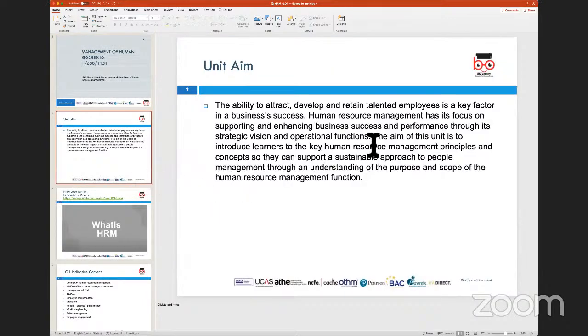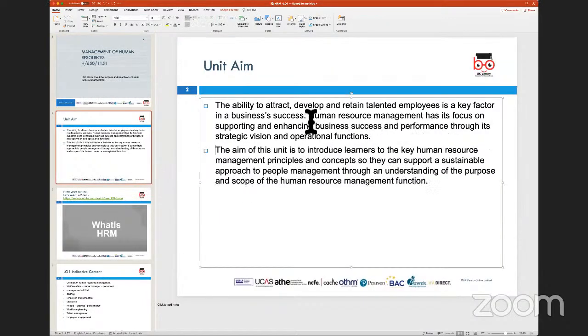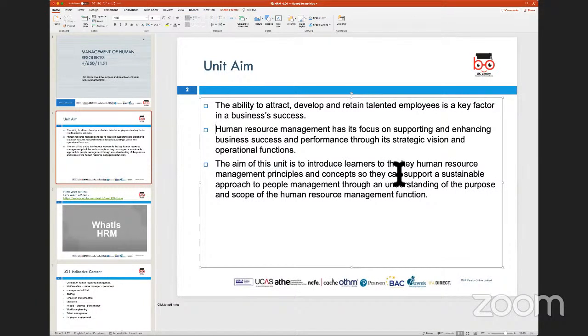Now, very briefly, although we understand why we are looking at studying this unit, as you're studying level 5 within tourism and hospitality management, one of the key units that you have is human resource management, because you want to understand how HR works and what HR is in general, and what are the key objectives and functions this particular discipline actually performs or helps perform within the organization or a particular business or a particular branch of a business.